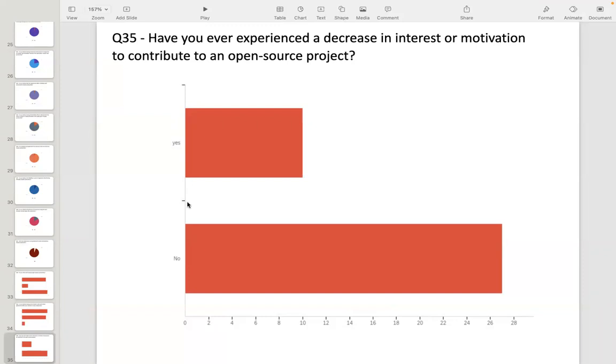When I was doing this question, I searched different research papers, and some of them also have the inference that decrease in interest is very common for any open source projects. So this inspired me to add this question to the paper.